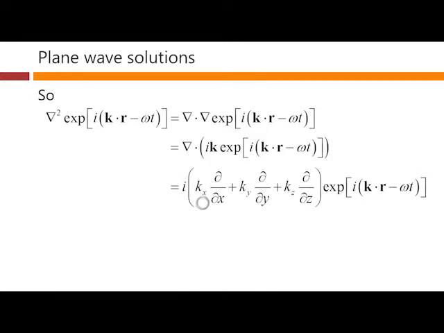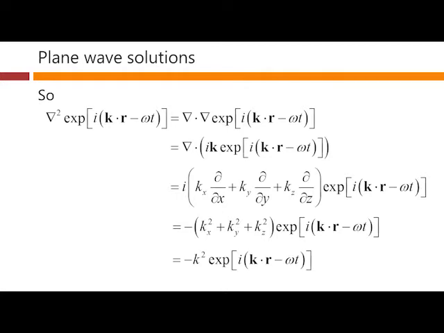This would be i kx d by dx, ky d by dy, kz d by dz. And we know how to take these derivatives because we already did this. And so the net result of that, adding all of these up, is minus (kx squared plus ky squared plus kz squared) e to the i (k dot r minus omega t), which is just minus k squared e to the i (k dot r minus omega t).